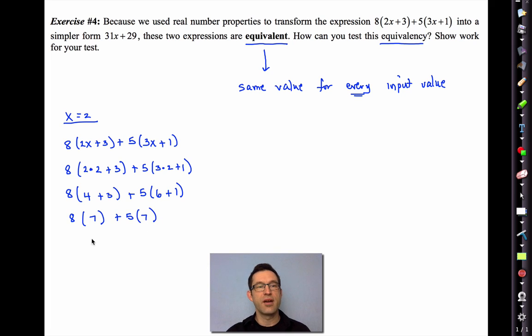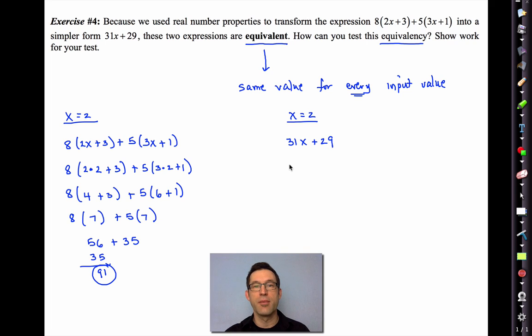Right, and then I'll have 8 times 7, which is 56, and then I'll have 5 times 7, which is 35. I'm doing all this without a calculator, so let's figure out what we have. We have 91.